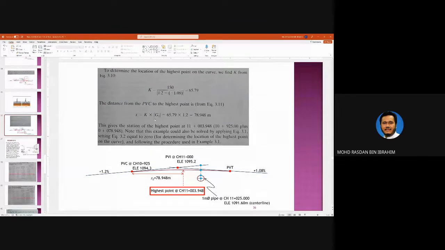This gives you X equals 78.948. So the highest point on this curve occurs 78.948 meters from the starting point, PVC. This is the location of the highest point.